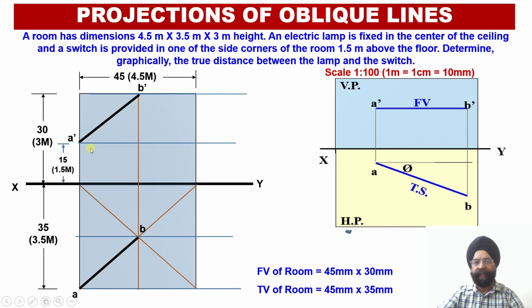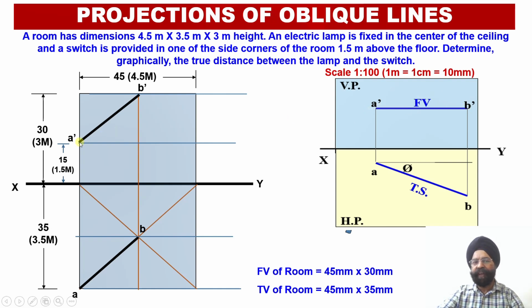But in this case, we have got A dash, B dash, which happens to be inclined to the horizontal plane. So the rotation of the line method suggests that this apparent length projection needs to be rotated in such a way that this projection is made parallel to the horizontal plane.